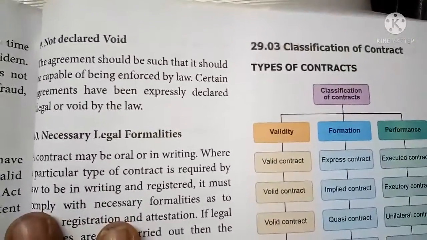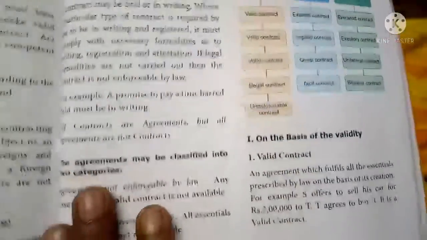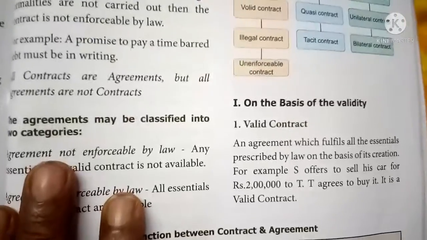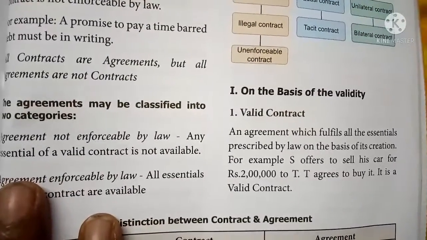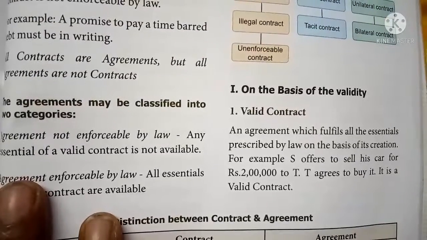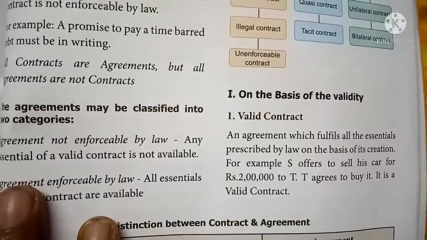Classification of contract. There are various types of contract. First we discuss on the basis of validity. Valid contract: an agreement which fulfills all the essentials prescribed by law on the basis of its creation. It should be a valid contract.